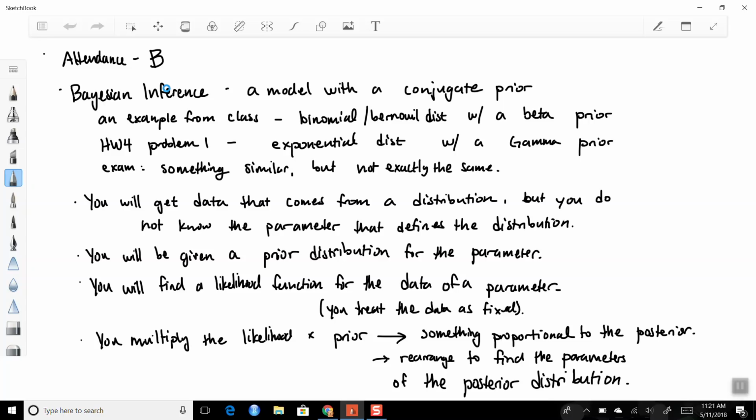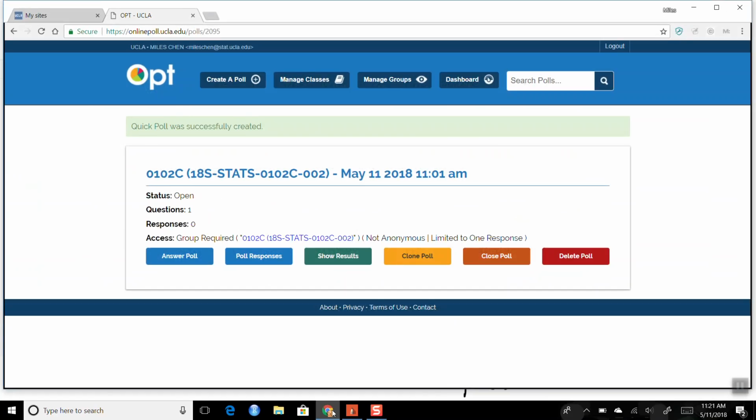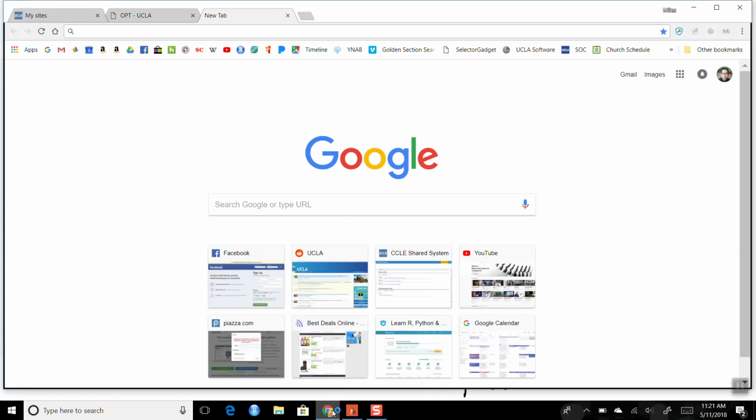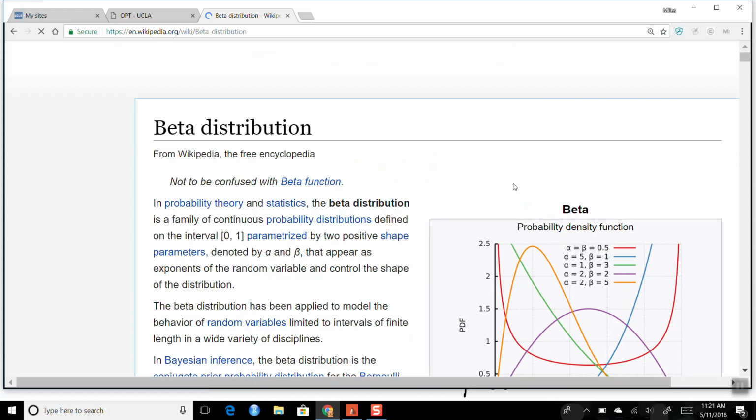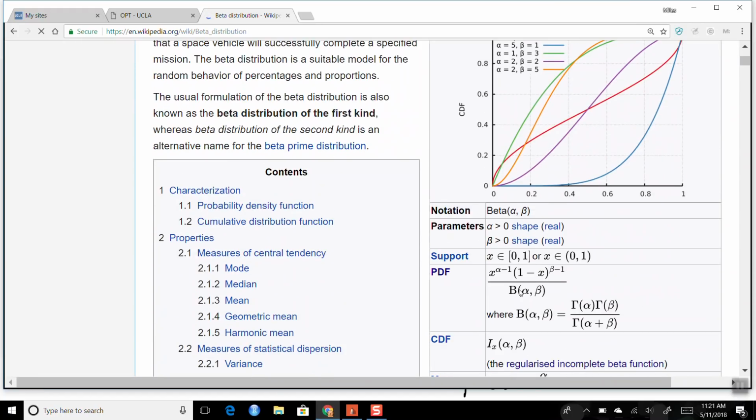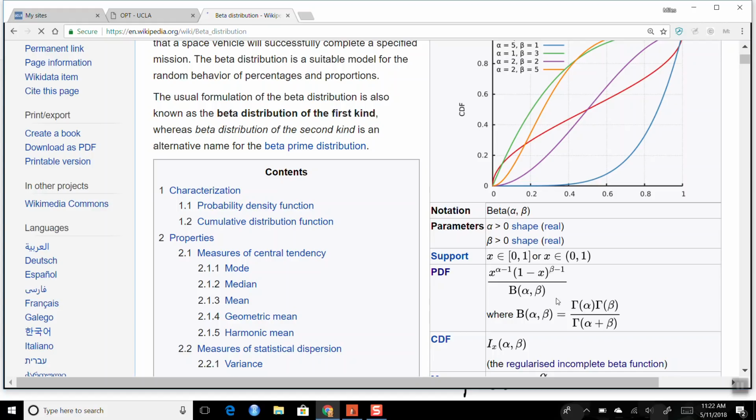Now, if we're using a conjugate prior, like the beta distribution, when you multiply the likelihood by the prior, you're going to get something in this form, and you'll just be missing the normalizing constant. But if you say, well, I know it's going to be in the form of a beta distribution, then the normalizing constant's taken care of for you. Same with the gamma distribution and whatnot.